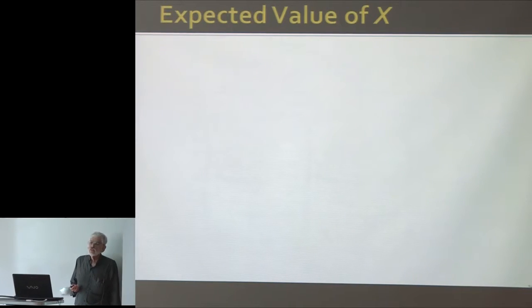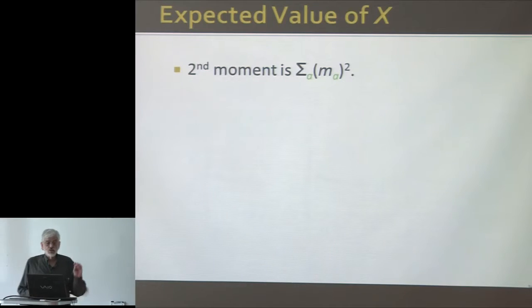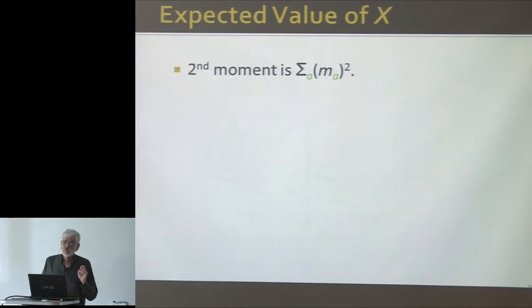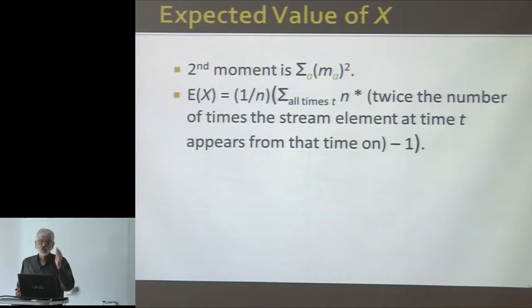Okay, so what's the expected value of x? Well, first of all, the second moment, remember, is the sum over all A's, of stream elements A, of the square of the number of times that A appears. Now, the expected value of x is 1 over n.